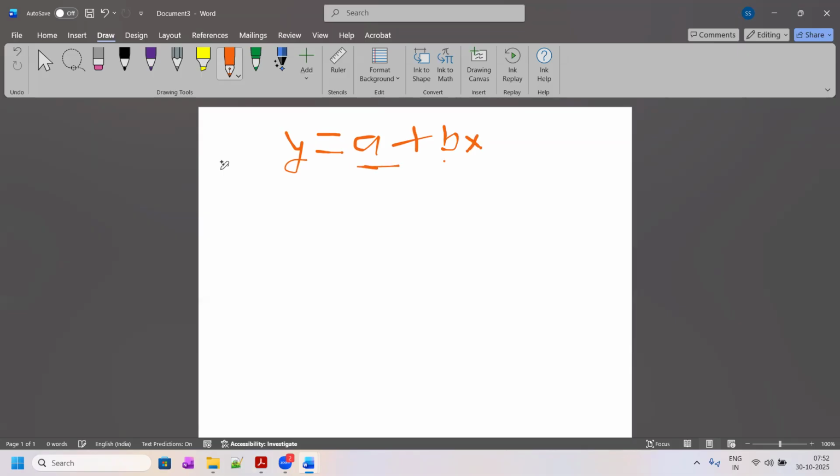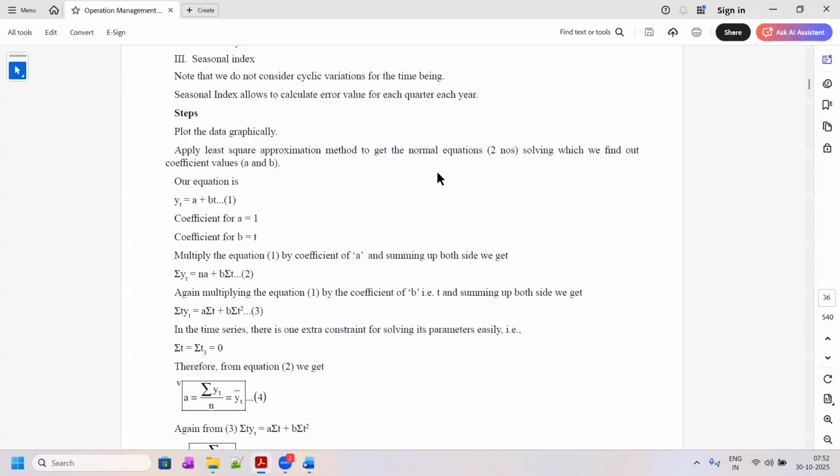To get the value of these two constants, we will follow this mathematical relationship. First, sum of y is equal to na plus b sum of t. The next equation for the linear relationship is sum of ty is equal to a sum of t plus b sum of t square. So these are the two equations we will follow.